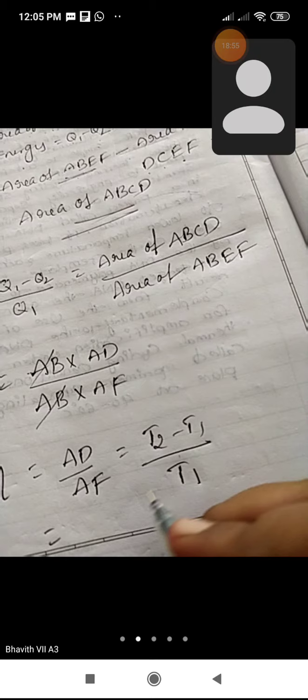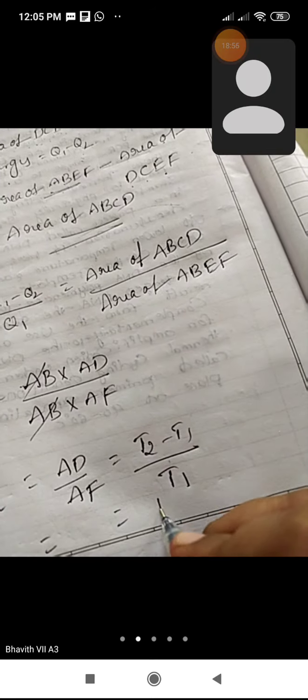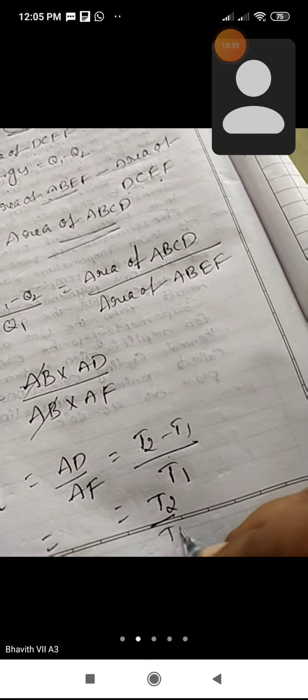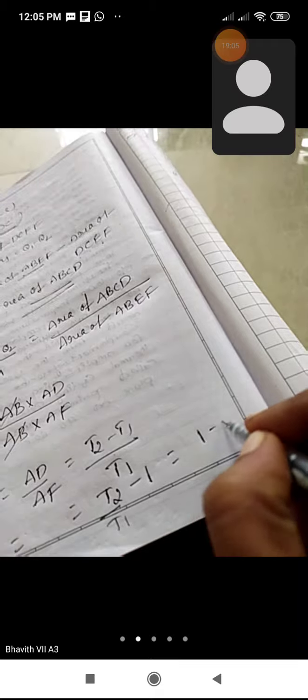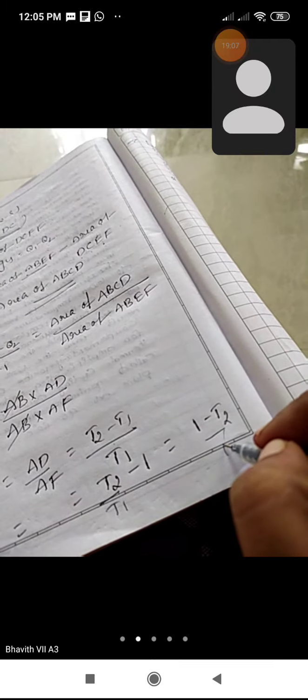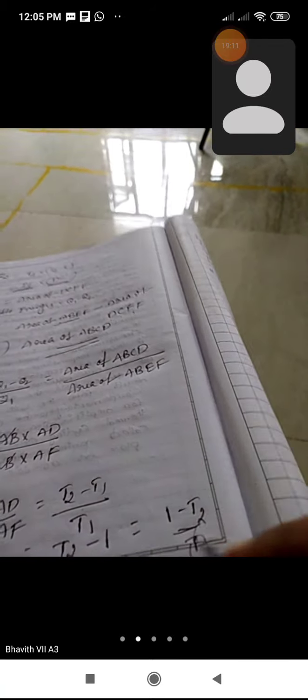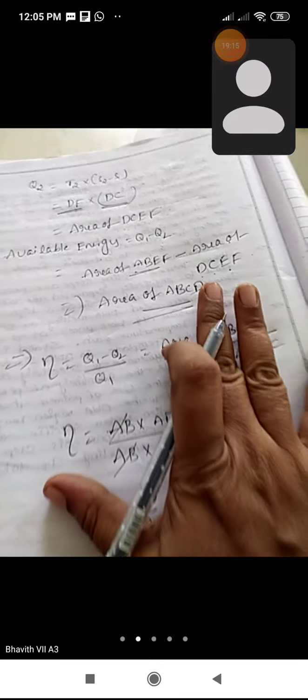Then this can be written as T2 by T1 minus 1, or this can be written as 1 minus T2 by T1. This is the formula for the efficiency of a Carnot engine, by the main concept of the entropy-temperature graph.